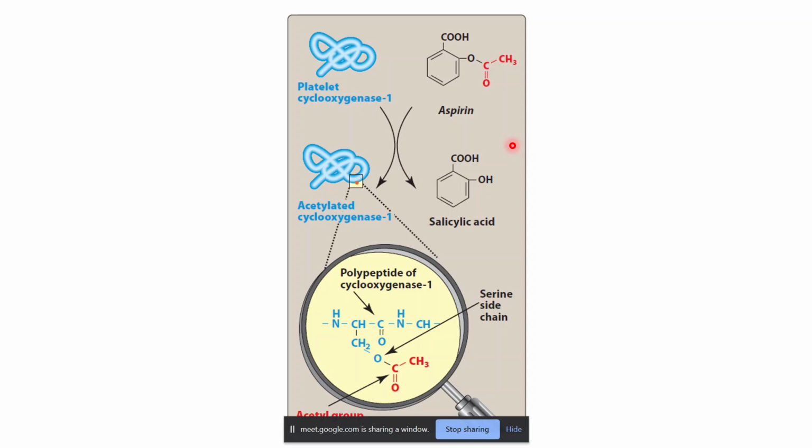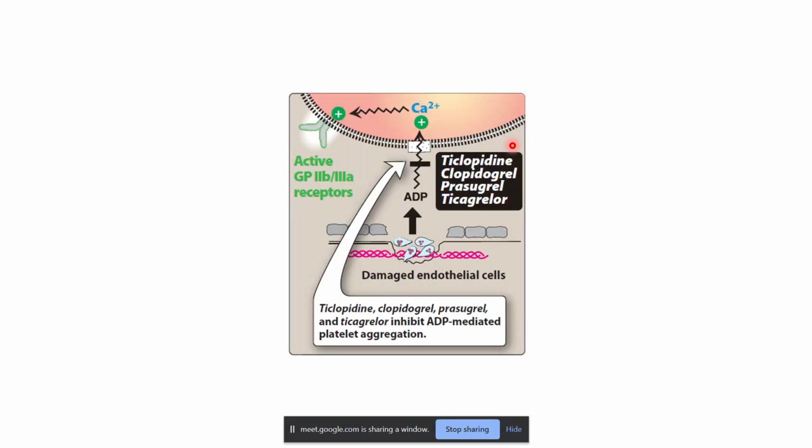So the next group is the ADP inhibitors, and these are ticlopidine, clopidogrel, prasugrel, and ticagrelor.